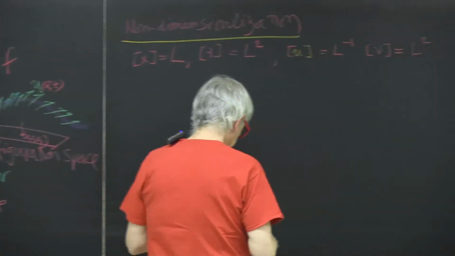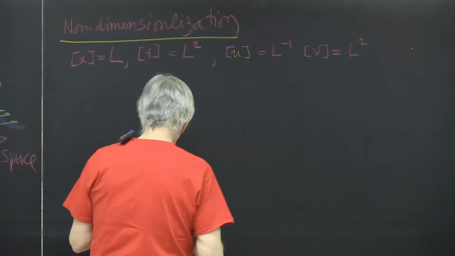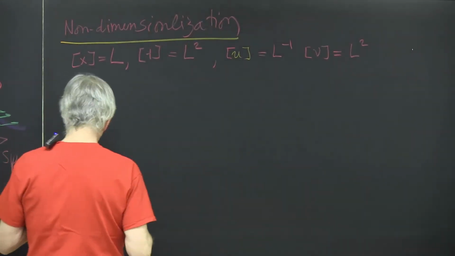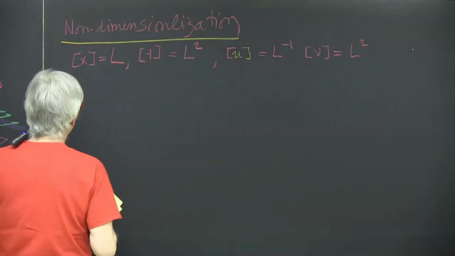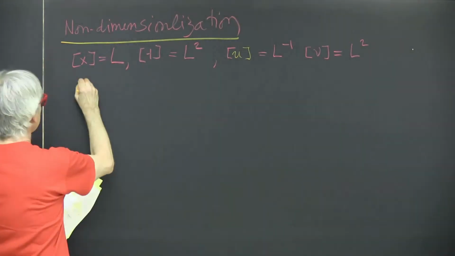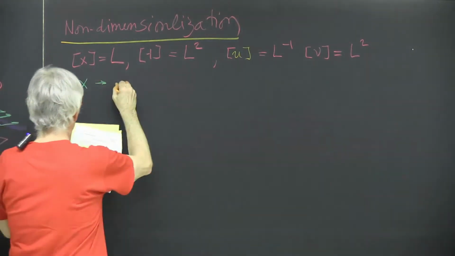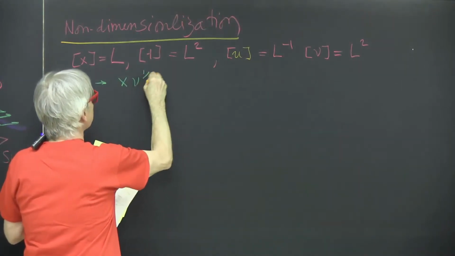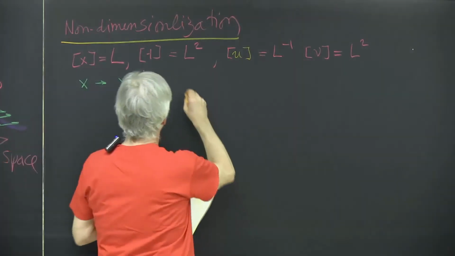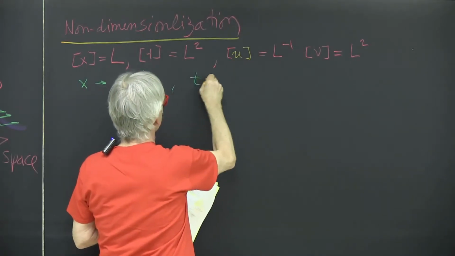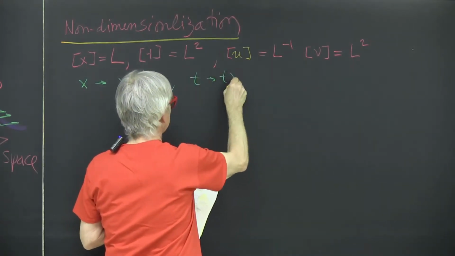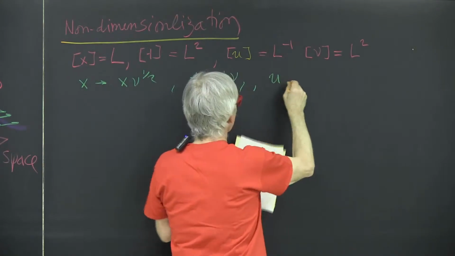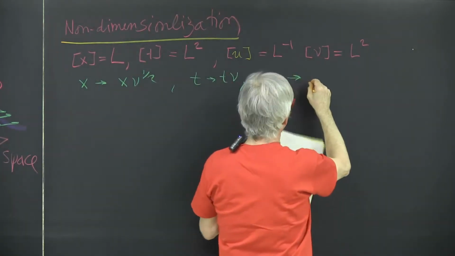Then what you can do is you're allowed now to rescale and produce dimensionless numbers. So you can replace x by, this is length, and multiply by the square root of viscosity. Take time, multiplied by viscosity. Take u multiplied by viscosity squared.